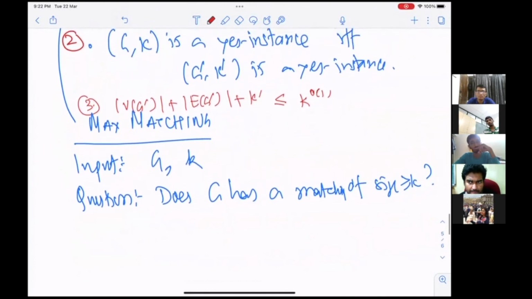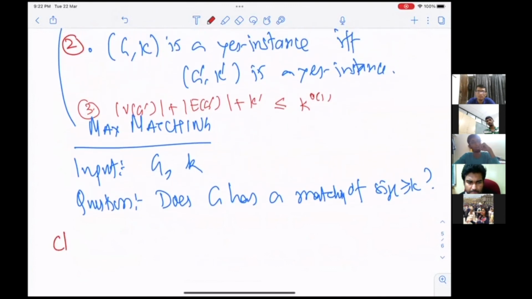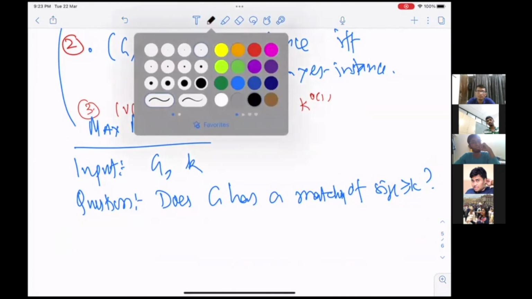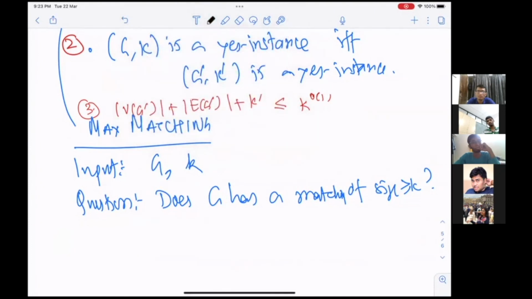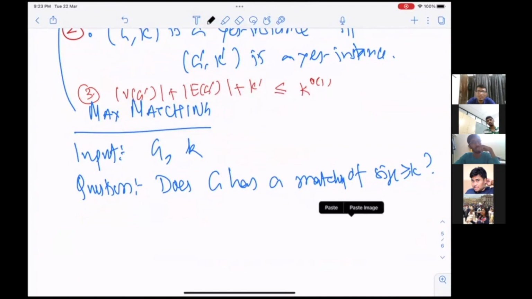Okay, so claim. Another hint. Do you need a hint or do you want one more minute to think? If we have an even cycle in the graph, say the cycle length is D, then we can pick the alternating edges in the even cycle and reduce K by D by 2.